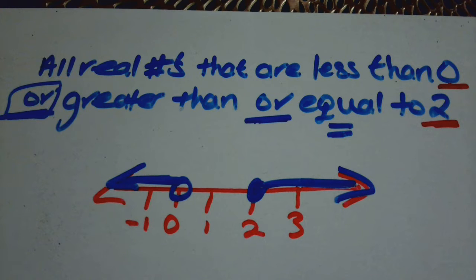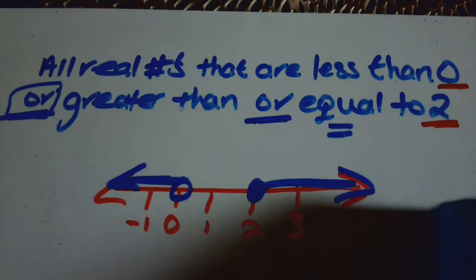So let's go ahead and solve some of these. So let's start with something that's not too bad. So that was a word problem, but a lot of times, most of the time, you just see them as an inequality. And it's easy to recognize if it's going to be an and or an or. So here we go.